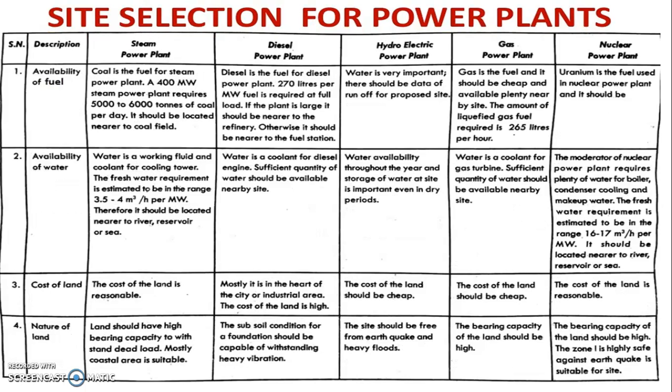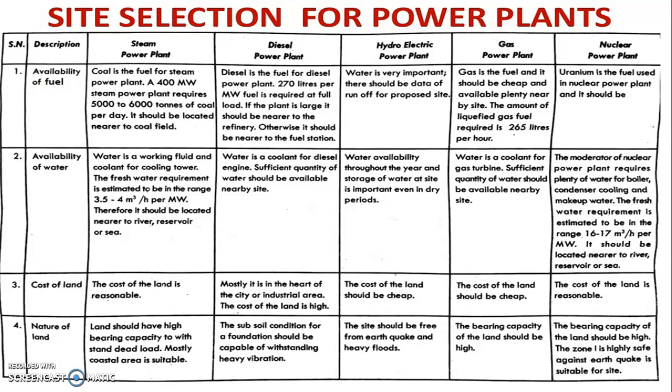First of all, availability of fuel. In a steam power plant we use coal as the fuel, so it should be located near the coal field. For a diesel power plant we have to locate the plant near the fuel station. For a hydroelectric power plant water is very important, so we have to propose the site near the reservoir dam.